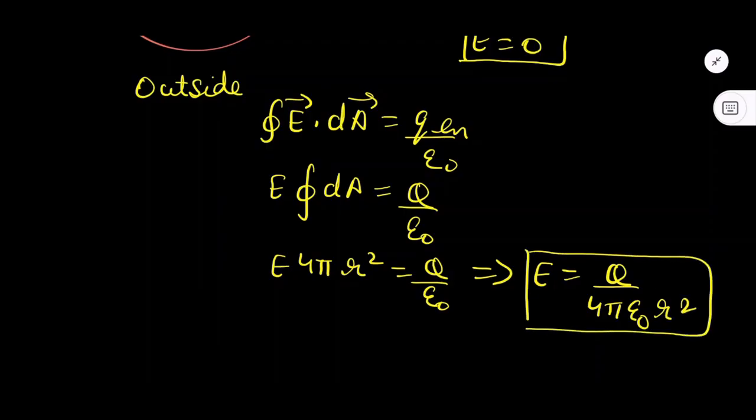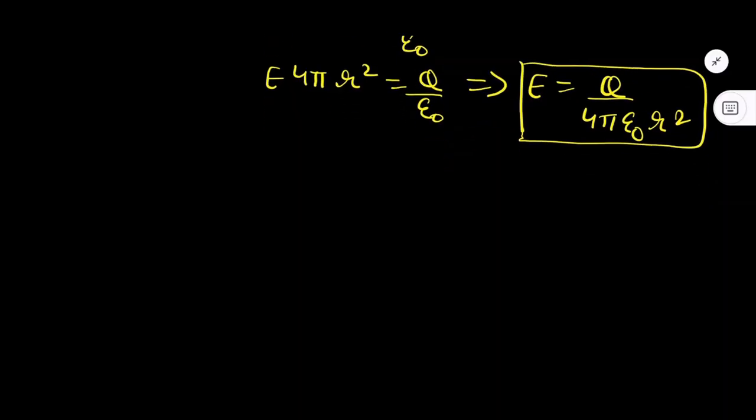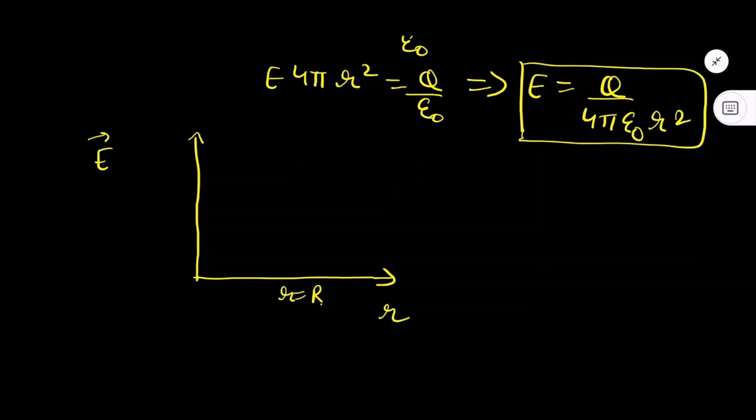So this will be the electric field outside the hollow shell, which will act like a point charge since the expression is the same. Now if I have to draw the graph, it will be electric field versus r. This is r and this is the electric field, and let this point be r equal to capital R. We have seen that for the inside there was no electric field, so it will be 0 here, while for the outside the electric field varies in this way: E is inversely proportional to r square.